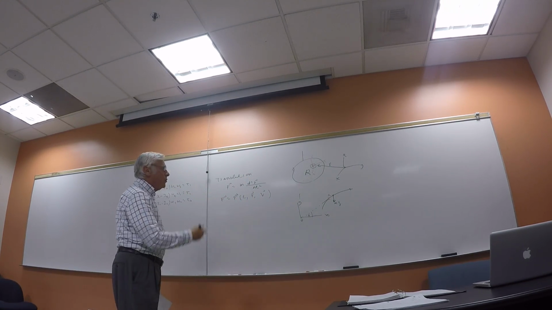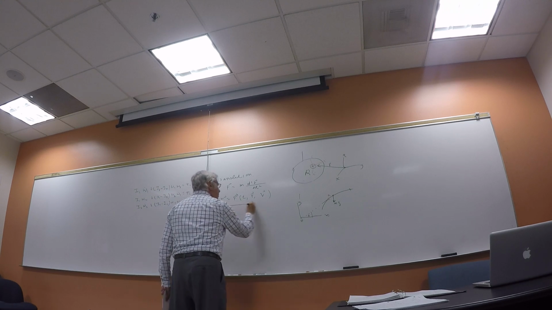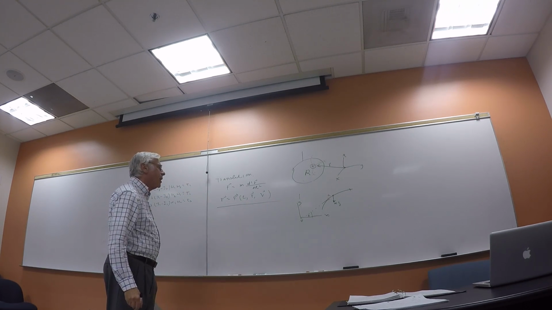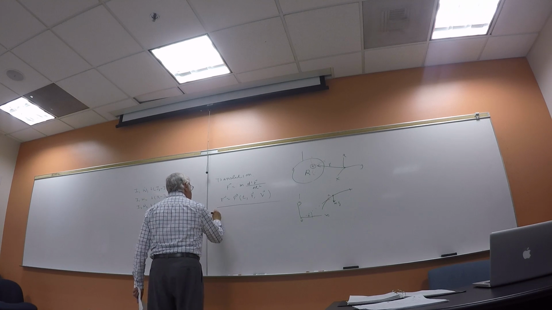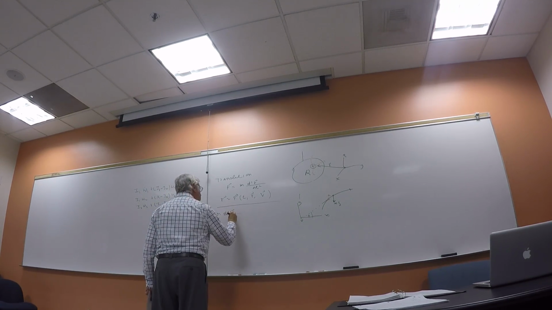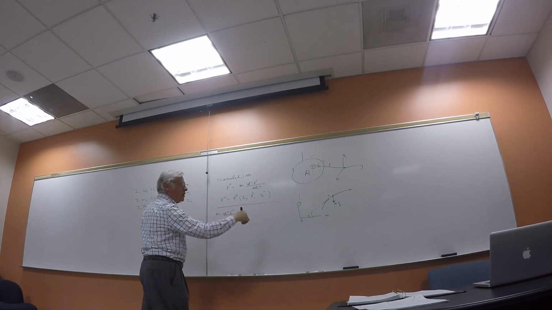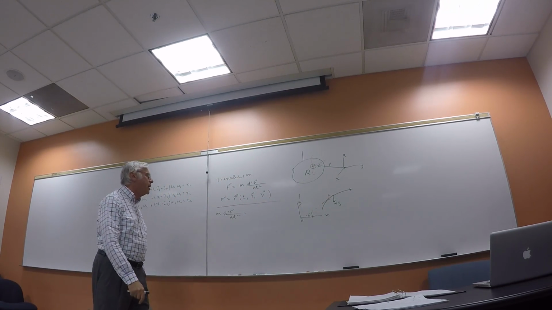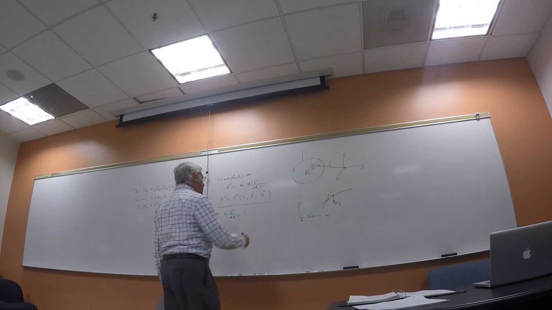So, suppose I want to write the equations of motion for this system. I'll use Newton's law. So I have the mass times the acceleration, r, which is just the position vector from O to there, x i plus y j. That equals the net external force on the thing.